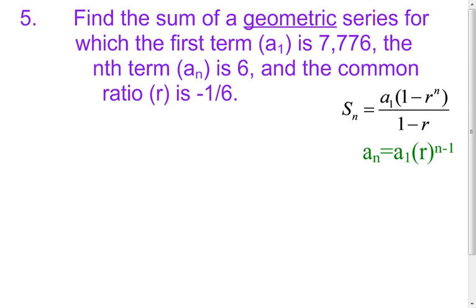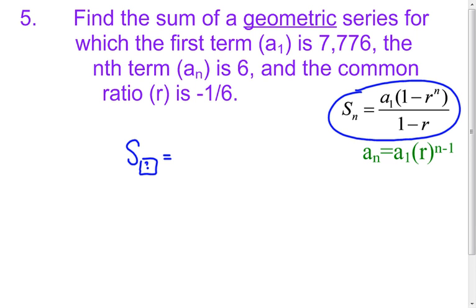Okay, so if I were to do that using the sum formula, here's what would happen. If I use this formula right here, and you can choose to do this either way, but the problem is I don't know n. All I know is the last term that I'm adding up is 6, and I don't know what term number that is, and I don't want you to sit and make a list.